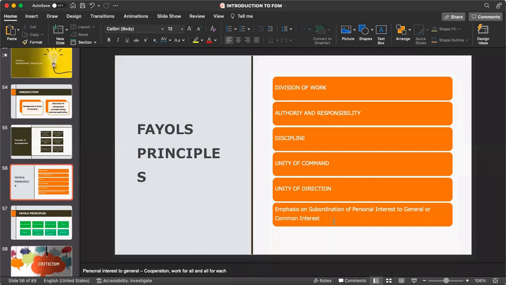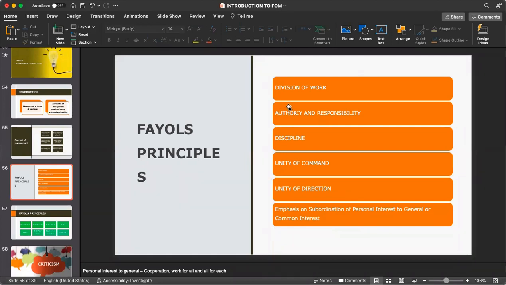Whenever you are working in the company, there should be cooperation among employees. Employees should work for all, not for personal benefits. There should not be any selfish benefit of a particular person in order to achieve something in the organization. That is the meaning of subordination of personal interest to general interest. General means focus on the company's objective only.